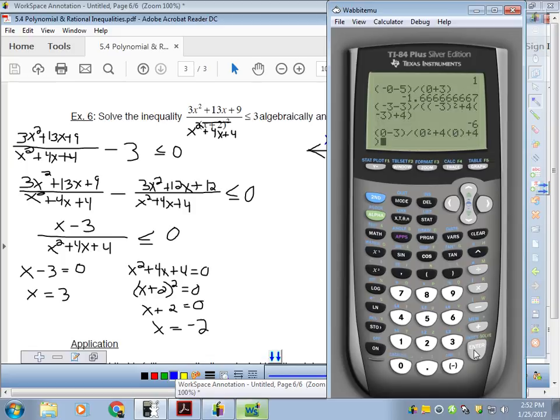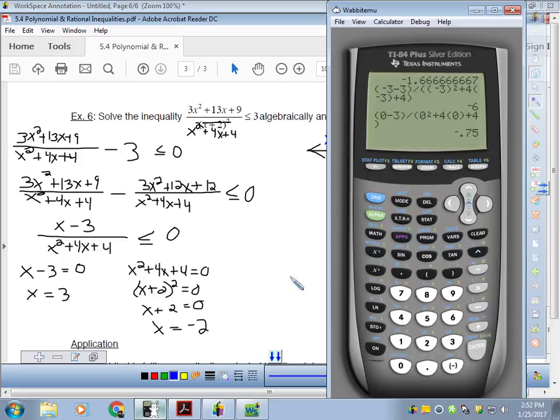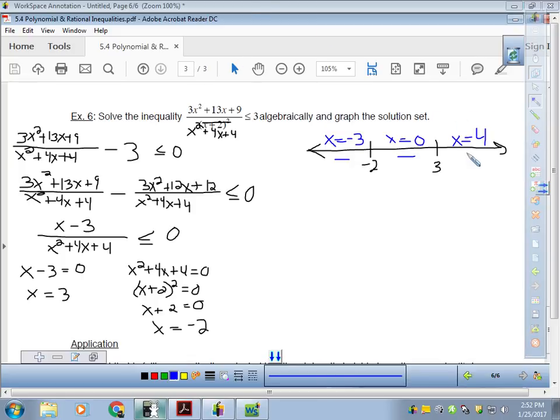We also get a negative, so it's still negative. And then for 4, if we plug that in, 4 minus 3, divided by 4 squared plus 4 times 4 plus 4. That comes out as a very small positive, but it is still a positive.